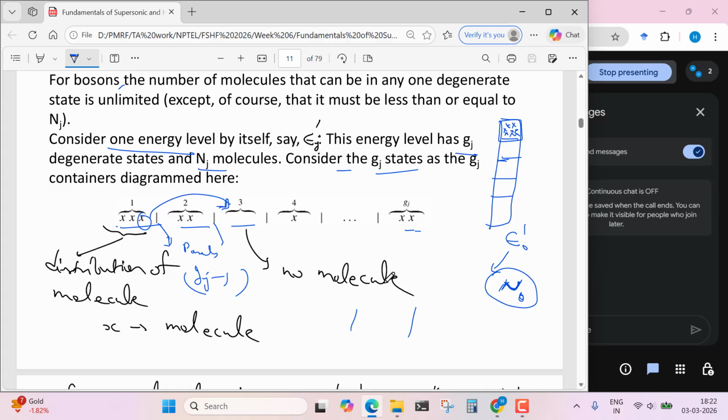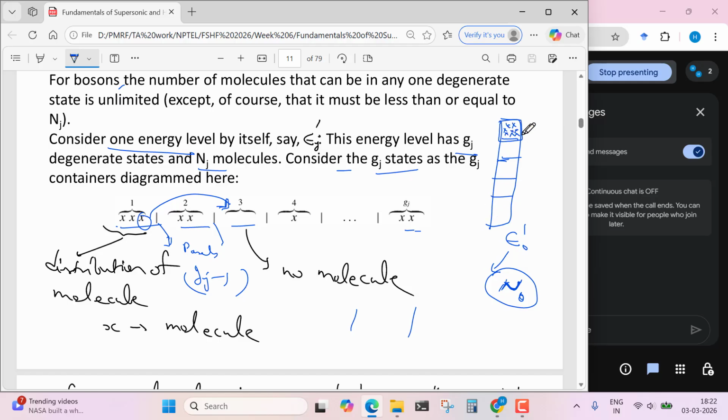First we will see what a boson is. For a boson, the number of molecules that can be in any one degenerate state is unlimited. Let's say we have one energy state.